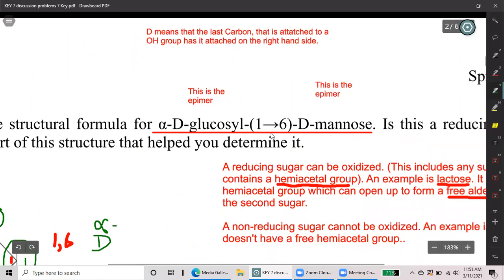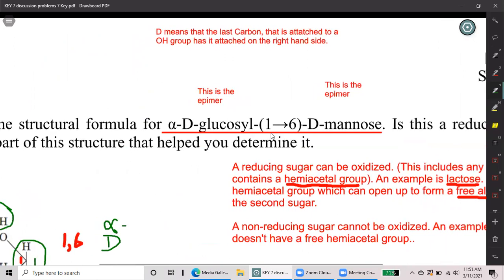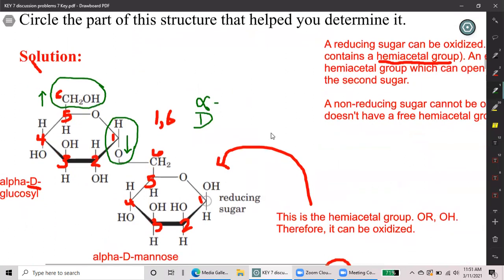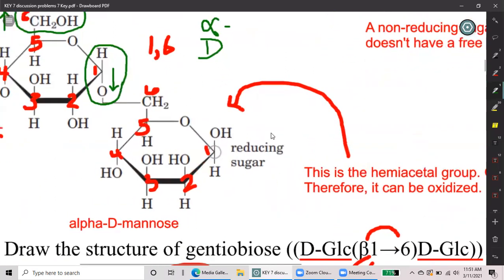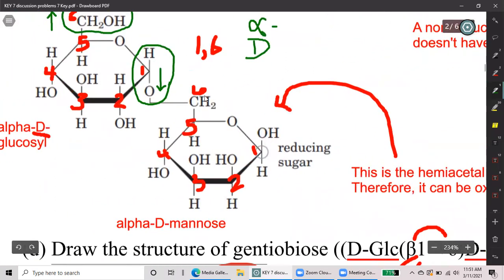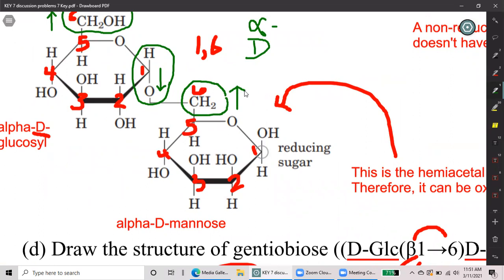You just have to know the definitions and a few simple rules. Okay, so for mannose, they're also saying that it's D. So we look at carbon 6 for mannose, and if it's up, then it's D. If it's down, then it's L.